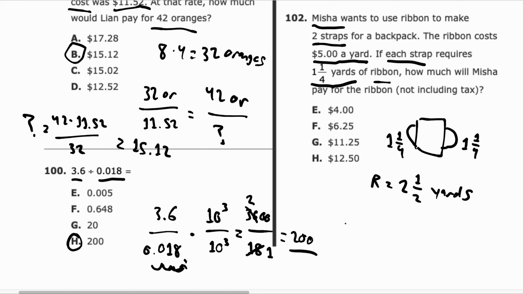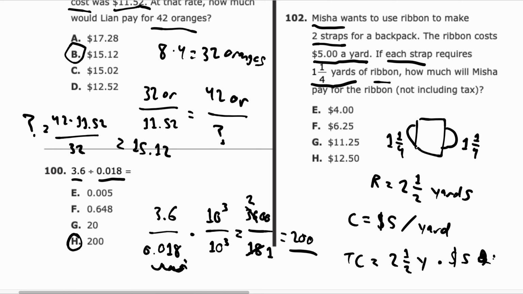And we know that the cost of the ribbon is $5 per yard. So therefore the total cost is the 2.5 yards that we need times $5 per yard.